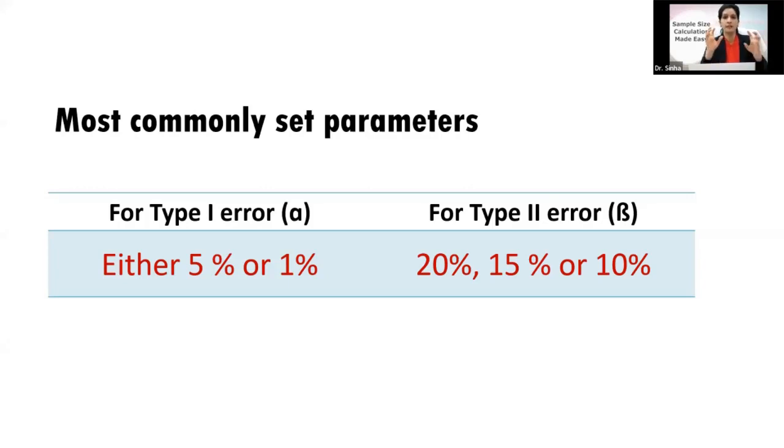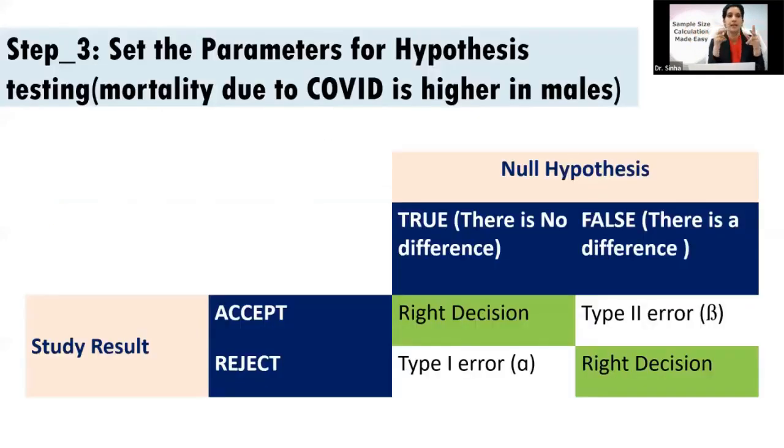The concept of power is only applicable to hypothesis testing. Like in this case, if I say that the mortality in females is 10% less than in males, and I set the power at 80%, that means the power of my study to detect that difference is 80%.